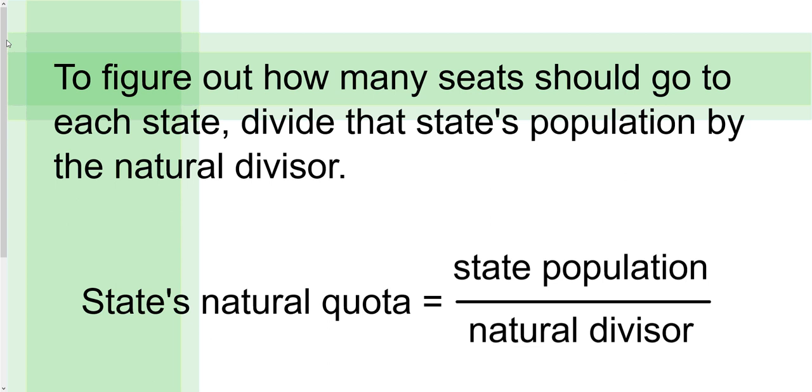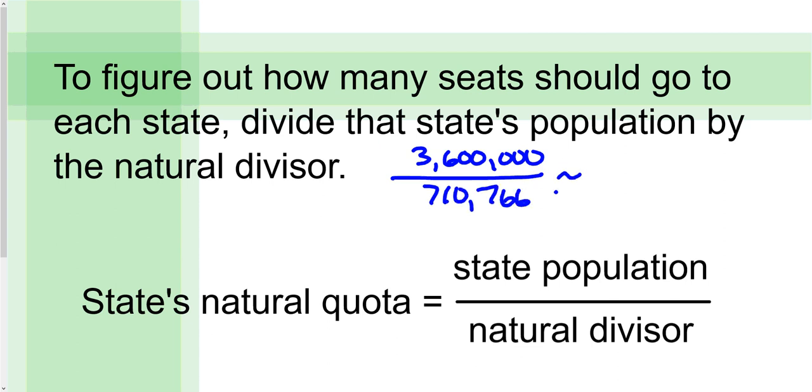So here's the thing, like for Connecticut, Connecticut has a population of about 3,600,000 people. That's the state's population. If you were to divide that by, what was that, about 710,766, you're going to end up with about 5.06 representatives.